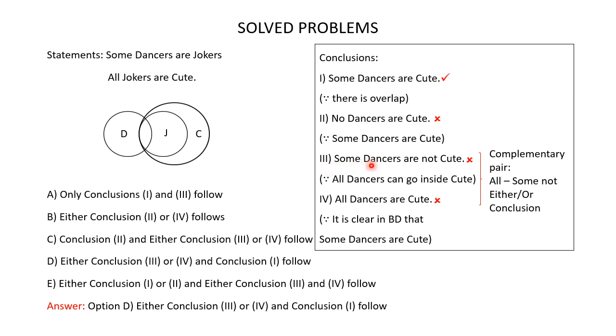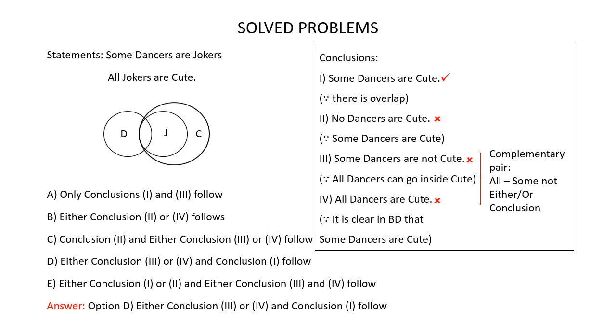Conclusion 3. Some dancers are not cute. Now to check if some dancers are not cute, just see in the Venn diagram if all dancers can go inside cute. Now in the Venn diagram, you have dancers here and cute here. Clearly you can see that there is no restriction between dancers and cute. So all dancers can definitely go inside cute.